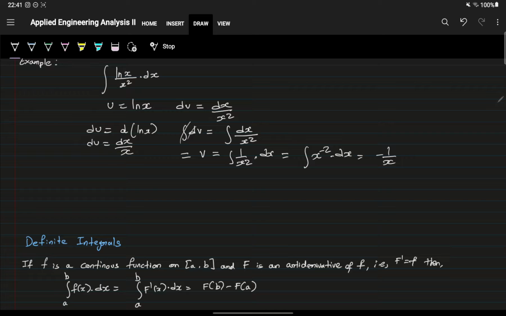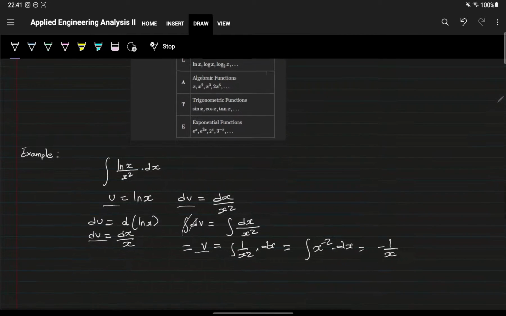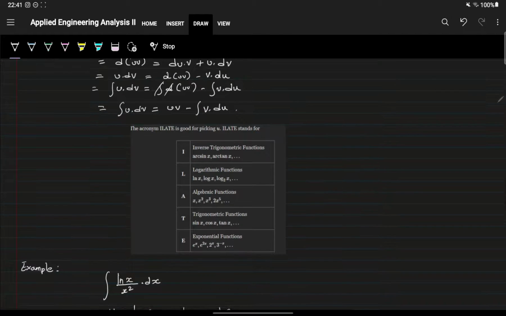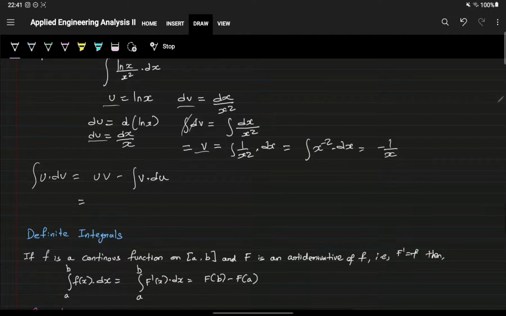Okay, and now we have everything. We have v, we have u, du, and v. Let's take the formula from the above. So integral u dv is u v minus integral v du. So let's substitute everything.